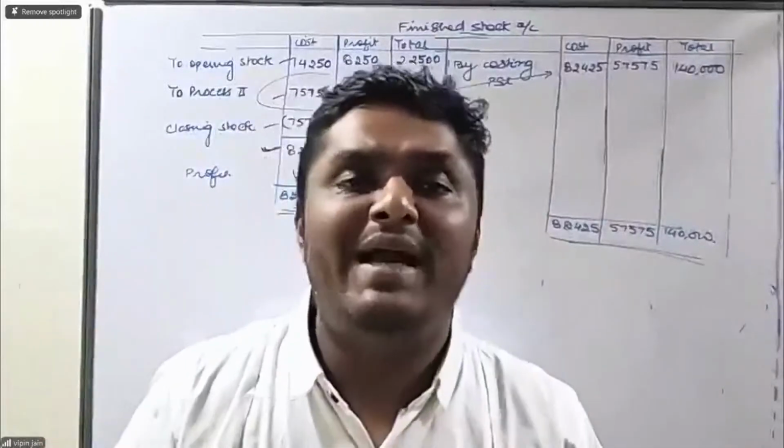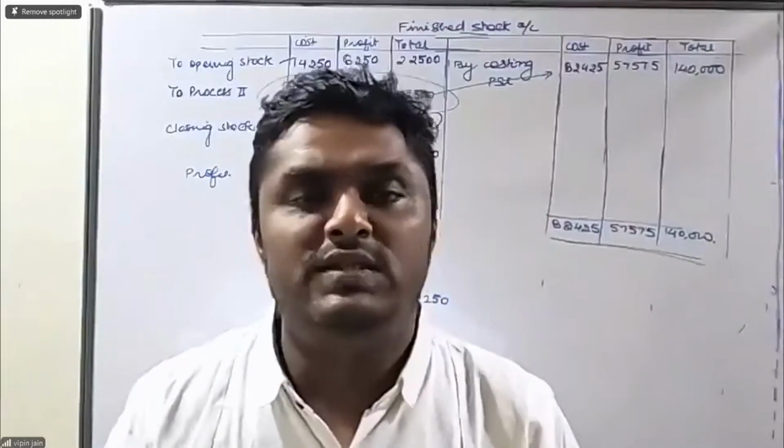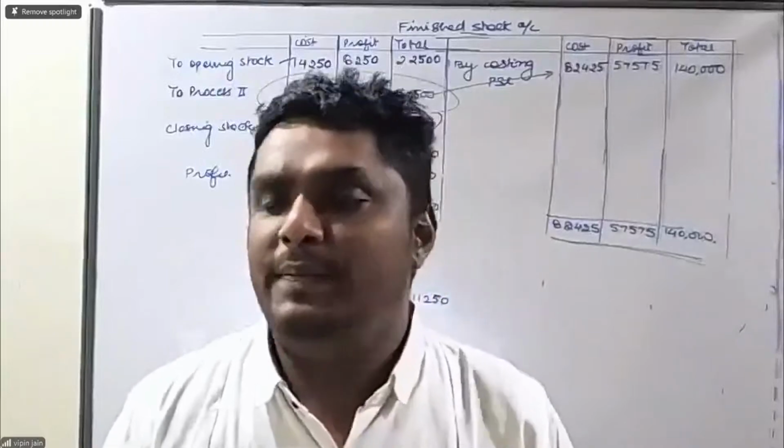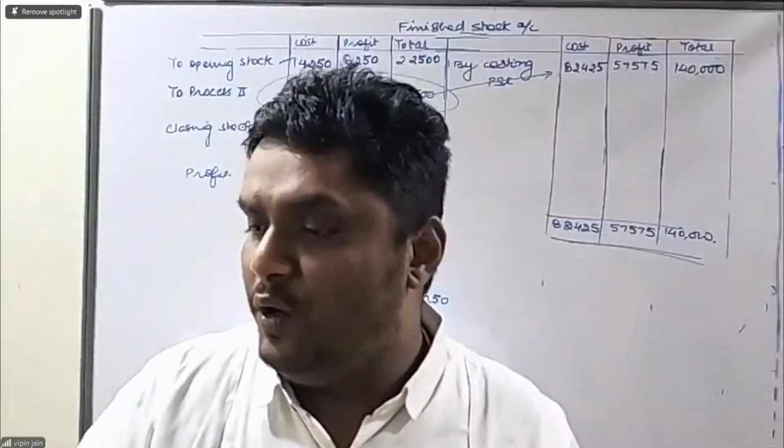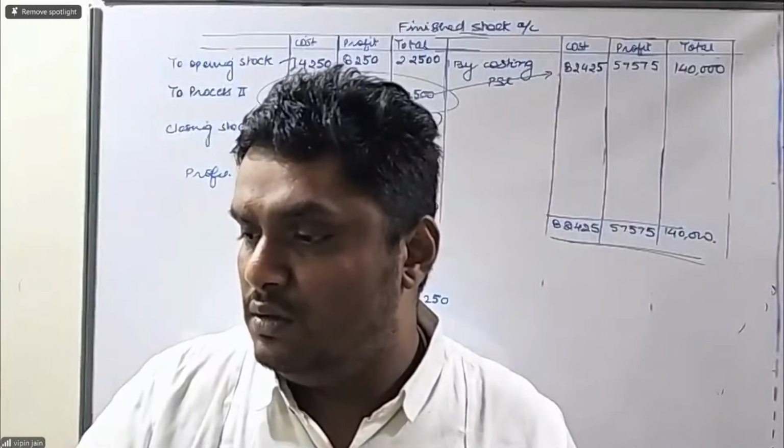So there will be by default some profit element in the opening stock. So we have to do it separately. This is what I have understood from your question. Still, if you have any doubts, you can please post.